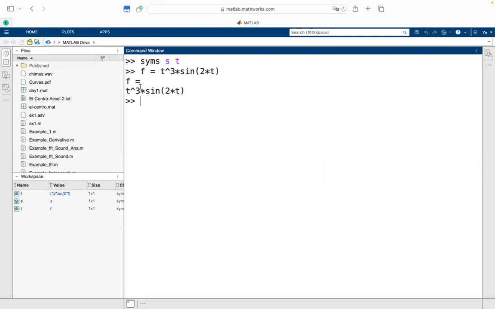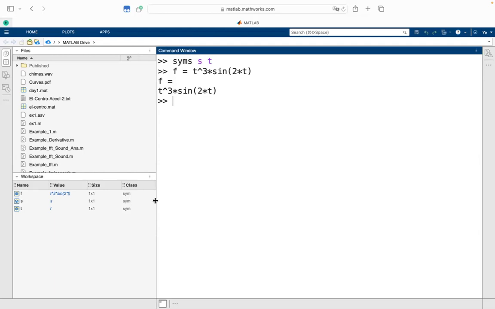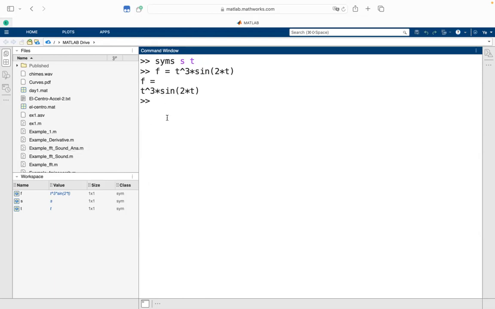So we define this function. We can see it works with syms, which are symbolic functions or symbolic variables.